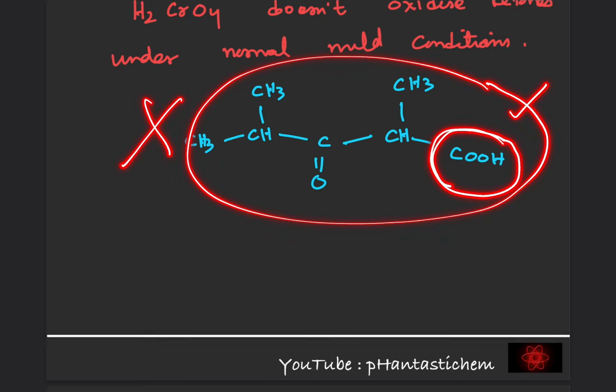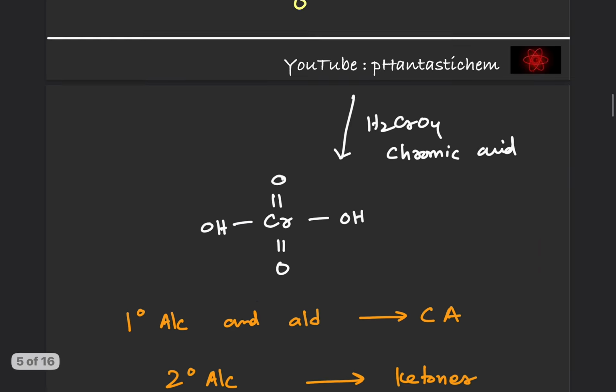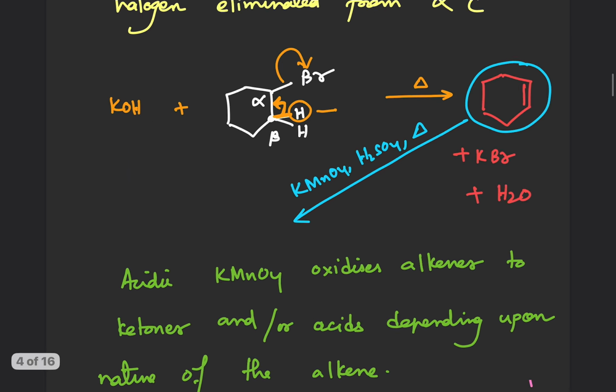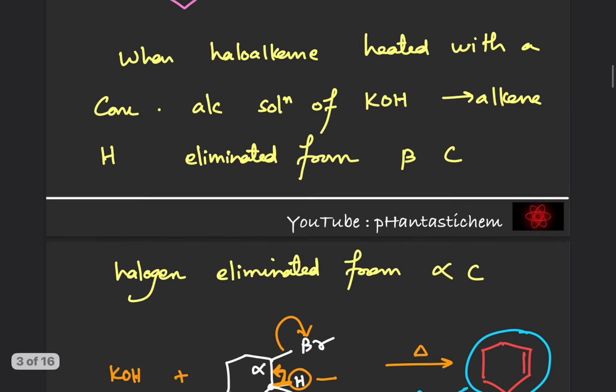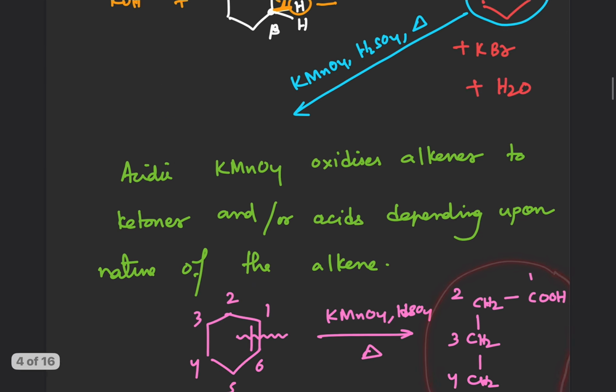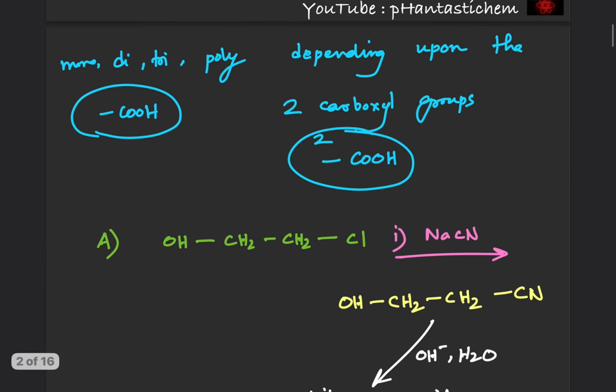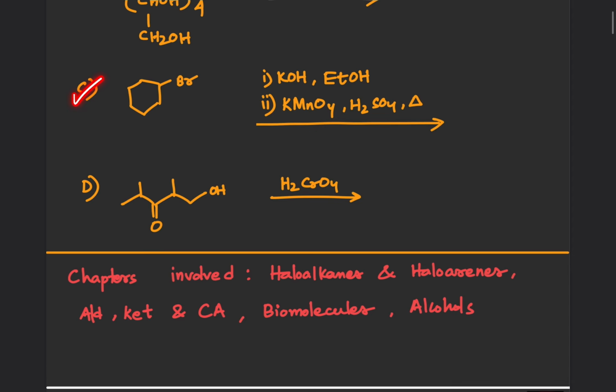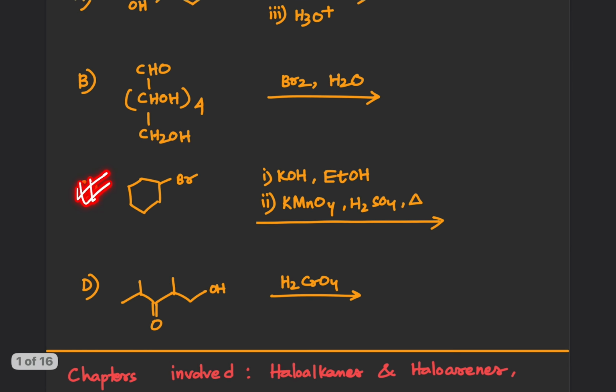And they are asking us which reaction sequence would produce a dicarboxylic acid. So the answer is going to be C, because C gives us a dicarboxylic acid. Okay, the answer is going to be C. Okay, thank you.